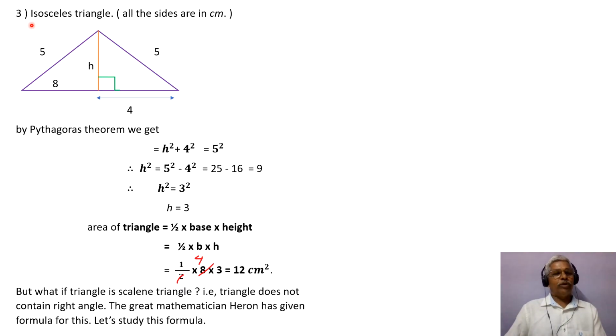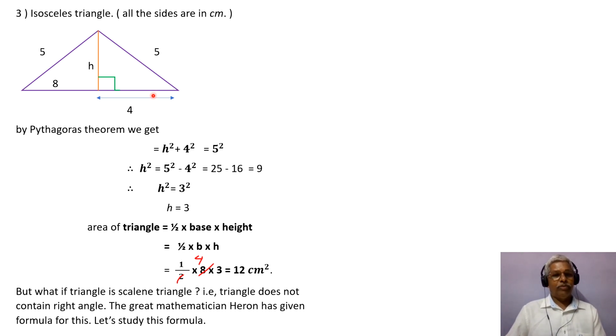And now the third one, after right angle and equilateral triangle, this is isosceles triangle. All sides are measured in centimeters. So isosceles, this and this are same, and base need not be same. So this is 5 centimeters, this is 5 centimeters, and this is 8 centimeters. What we need is h.